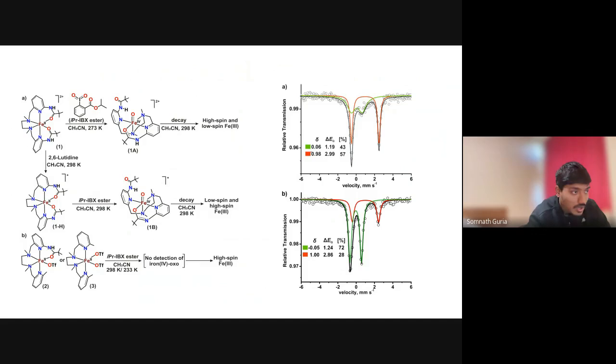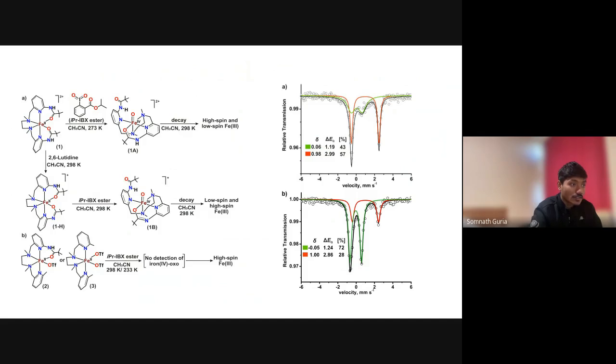In the Mossbauer spectra, it is showing the population of this iron oxo, the iron(IV) oxo and the iron(II), where iron(II) is 43% and the iron(IV) is 53%, and the following delta value has been found for the green one, this green line.